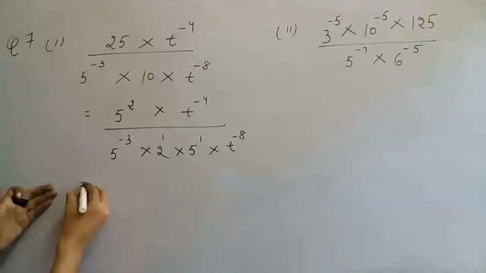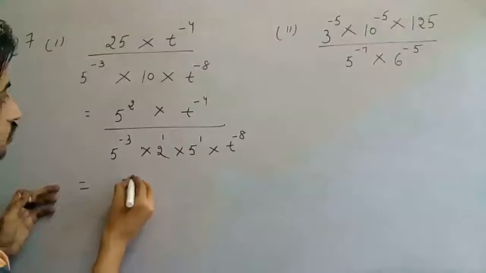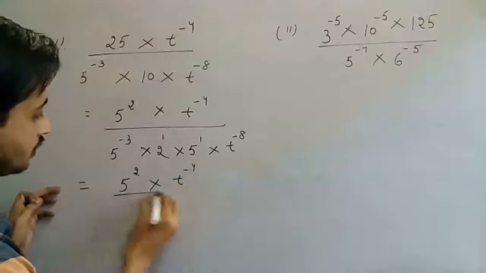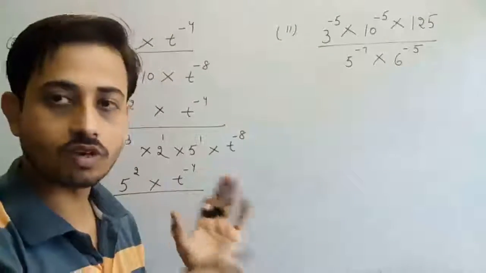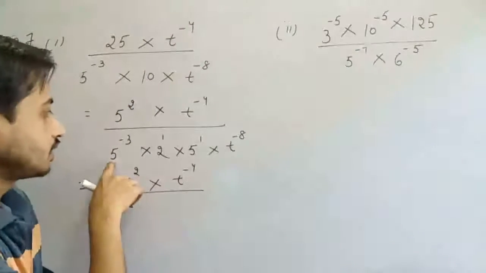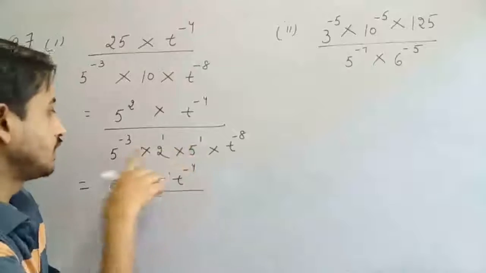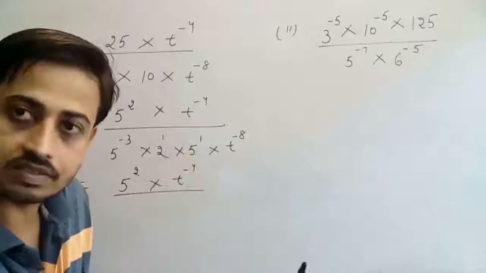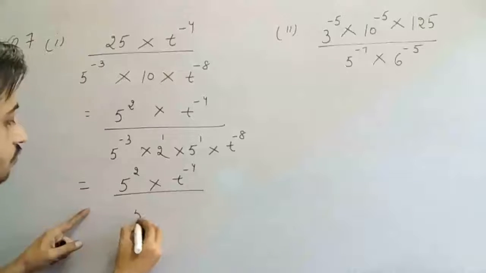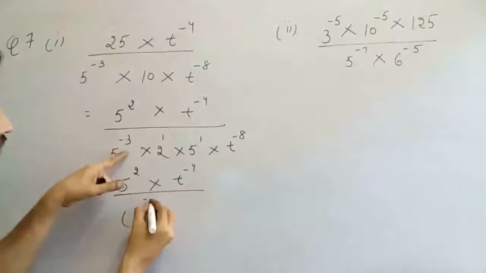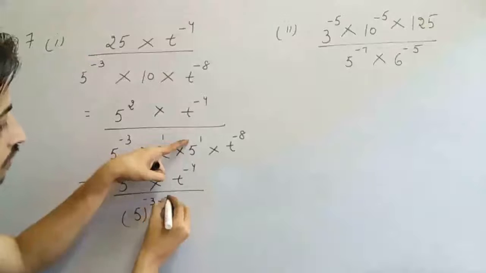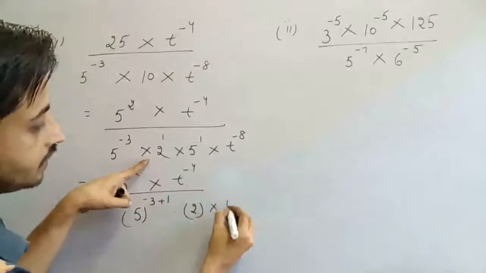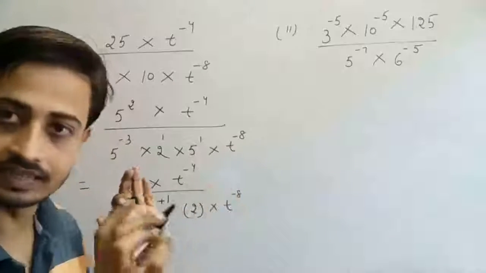Now to solve, please. 5 raised to the power 2 multiply t raised to the power minus 4. I am solving the denominator first. Again the power is negative 3 and 1, and the exponent is same. So exponent is same, power gets add. So what's the answer? 5 raised to the power negative 3 plus 1, and this 2 as it is, and multiply t raised to the power minus 8 as it is.